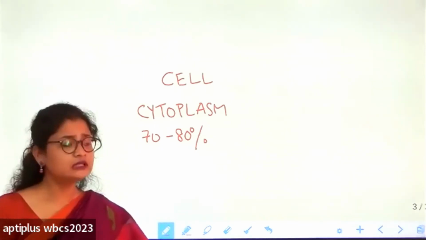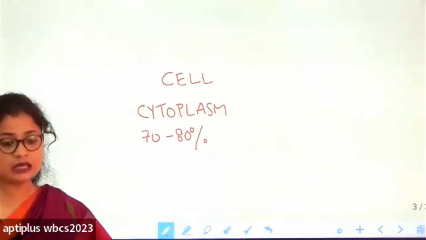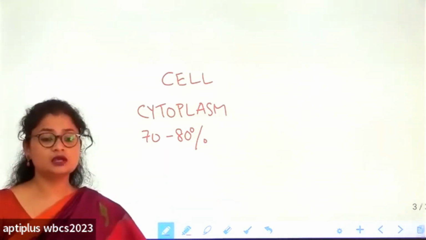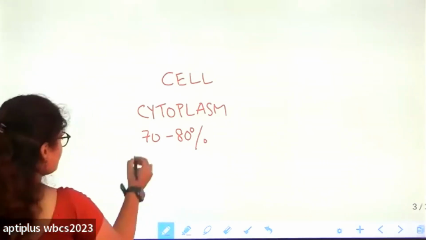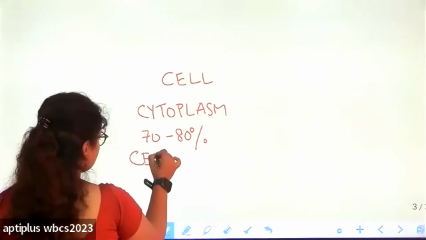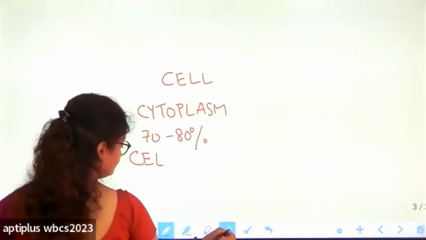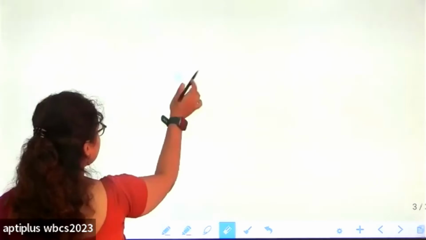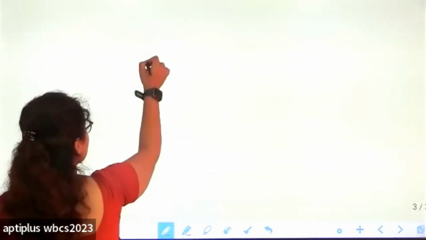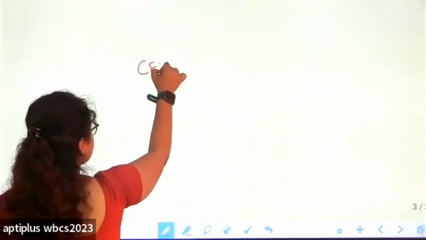Now, after cytoplasm, the next most important thing of a cell will be the different cell organelles.